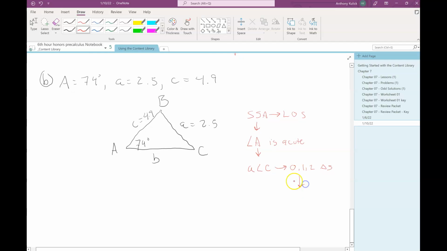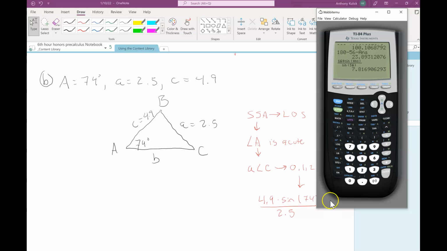Okay, I see, Mr. Kulik. We're just going to do this a bunch of times today. So to figure out which one it is, I take the bigger side times sine of the given angle divided by the smaller side. And we'll go ahead and type this into our calculator.